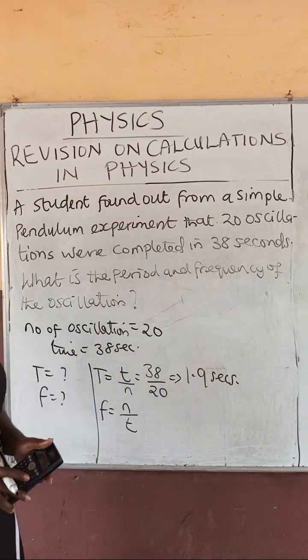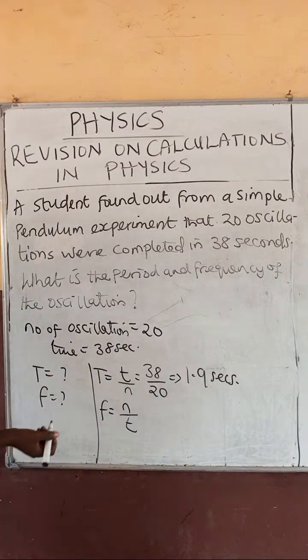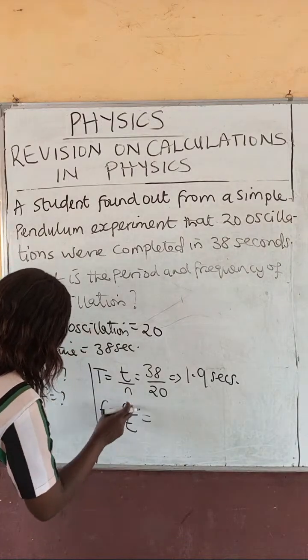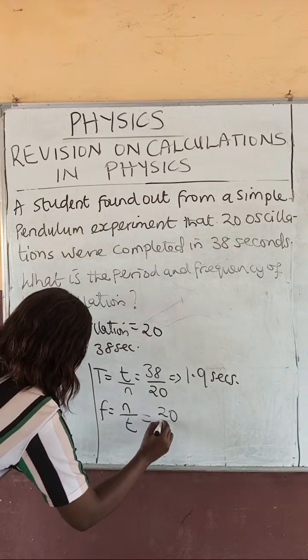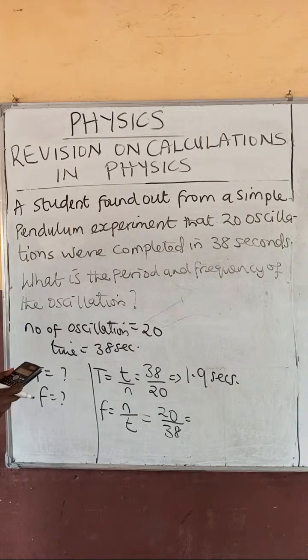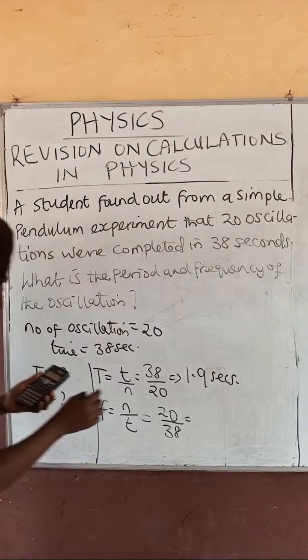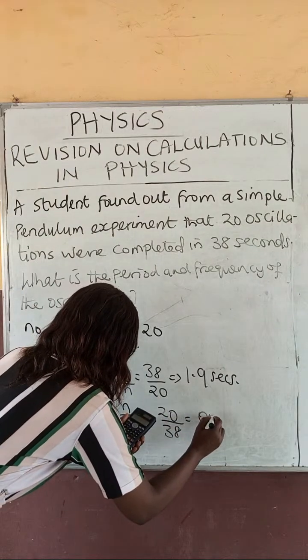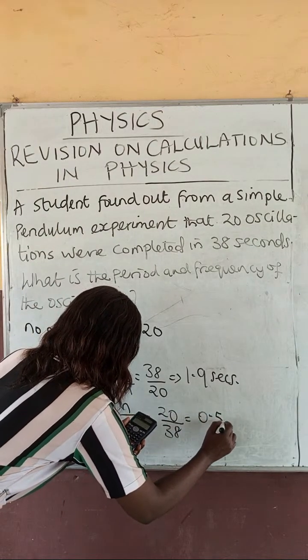But I'll try both of them so that you will see. My N is 20 divided by my time, 38. So I will say 20 divided by 38. My answer is 0.53 Hz.